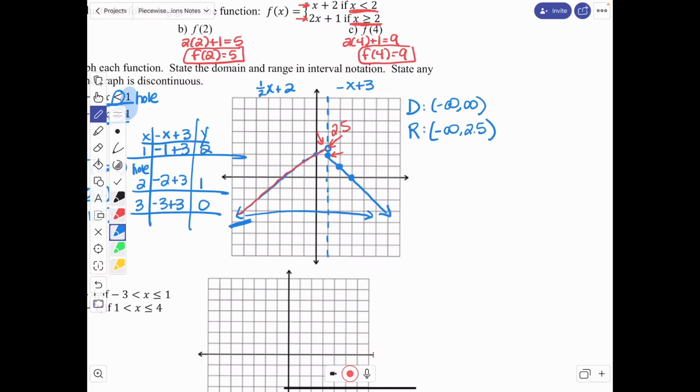Okay, so now we're going to do discontinuous. Any holes are going to be points of discontinuity. So we would say that it's discontinuous at x equals 1. And we say that it's discontinuous because of that hole being there. Because if you were to lay your pencil vertically on this graph and slide it across, you run into a hole.